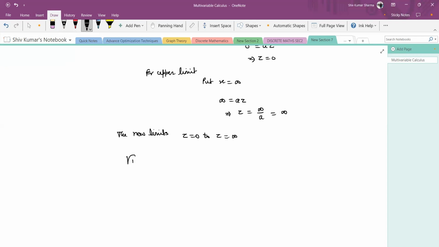Now we write the integral: gamma n is equal to integral z equal to 0 to z equal to infinity e raised to the power minus x, where we put x as az, into az to the power n minus 1 into dx. What is the value of dx?